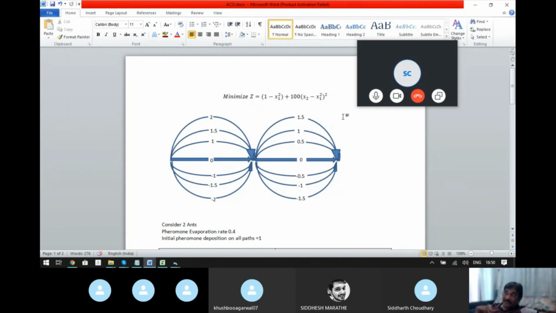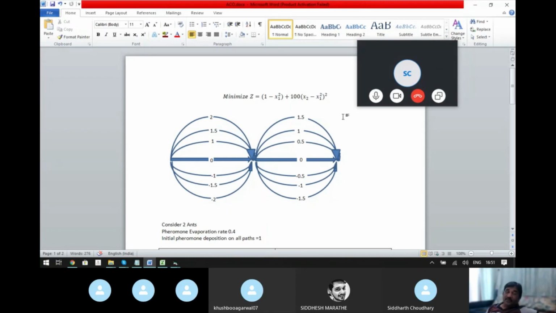Eta was 1 by the distance of that particular path, divided by the sum of all such terms in the different numerators.